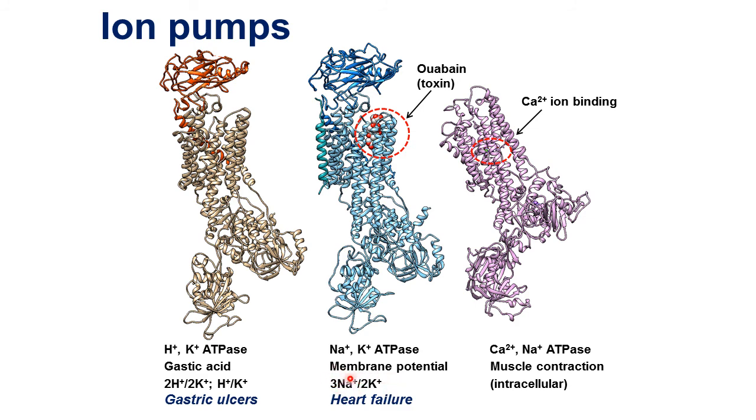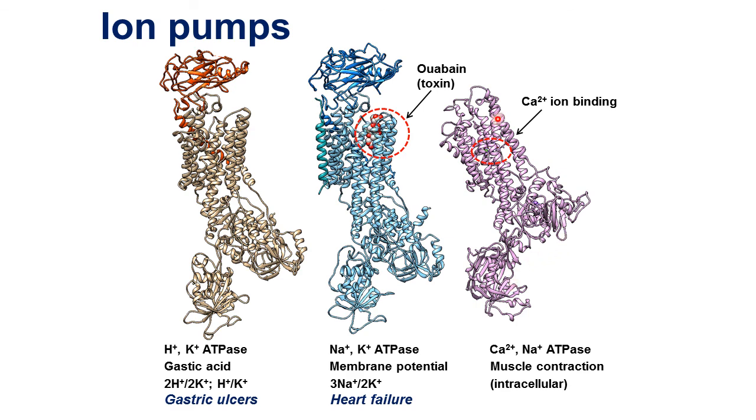It exchanges 3 sodium ions for 2 potassium ions per ATP hydrolyzed, so the ion transport is not electroneutral. The sodium-potassium ATPase is also a drug target in heart failure by digoxins, for instance, which bind presumably in this site here.